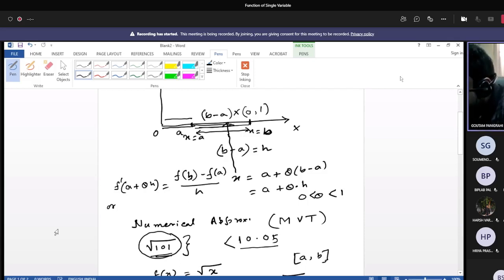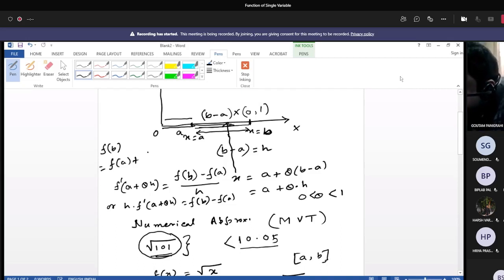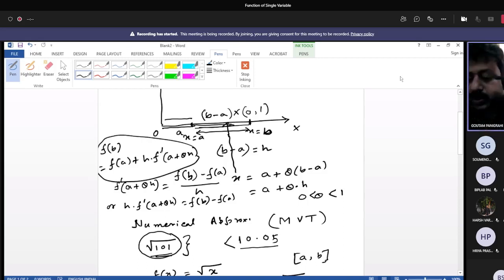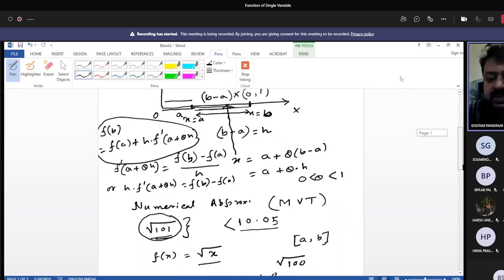So you can write h into f dash a plus theta h equals fb minus f of a. So fb can be written as fa plus h into f dash a plus theta h. This is required for this type of numerical approximation. Now you just apply the concept to approximate the value.